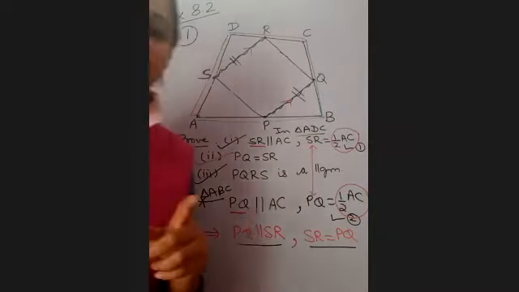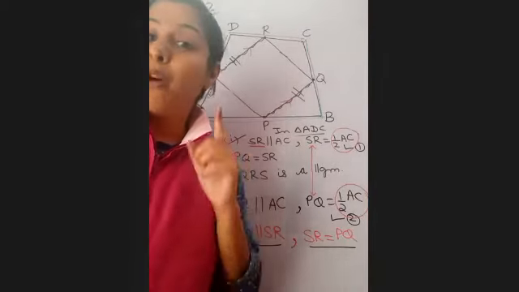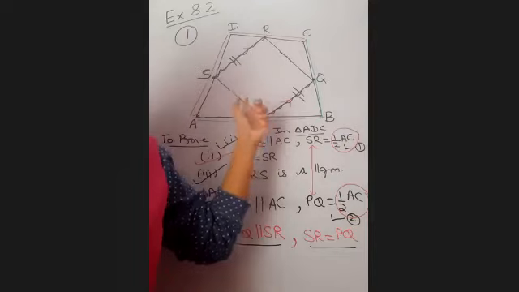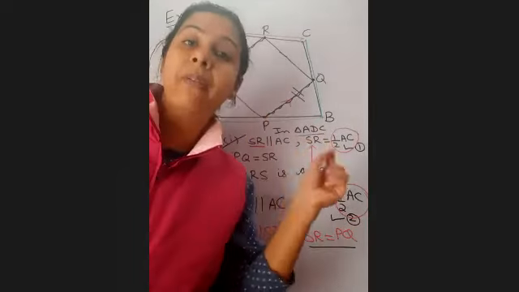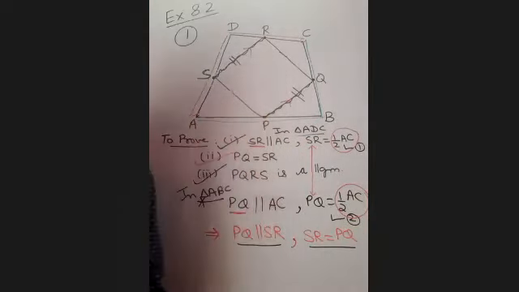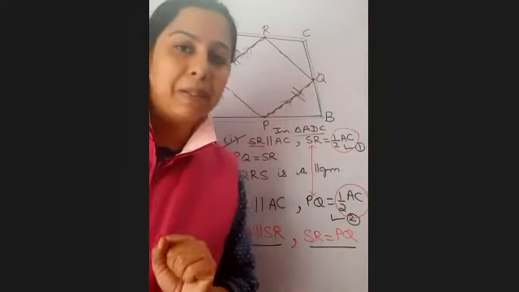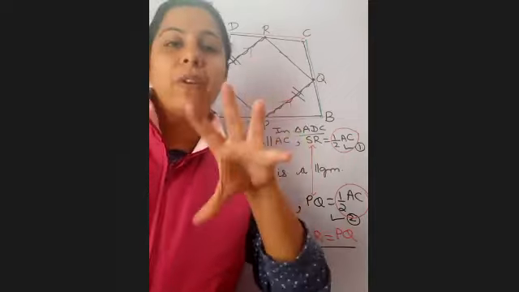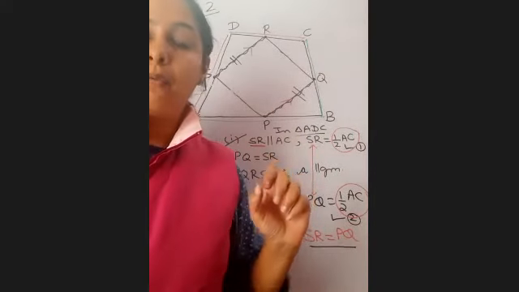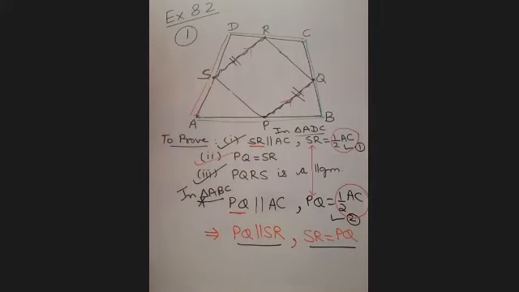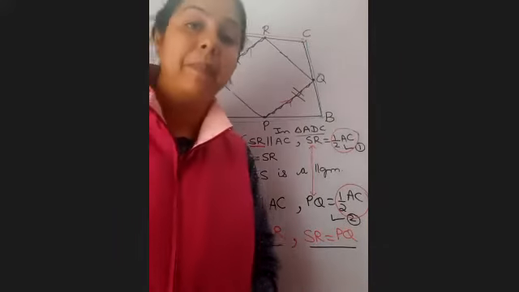Tell me one thing. What should be your take-in from here? What are you going to take in from this question? One general result, if anybody can tell me, I will be very happy. We were given a quadrilateral ABCD, and then we were given 4 midpoints. What figure are we getting by joining the midpoints? Parallelogram.